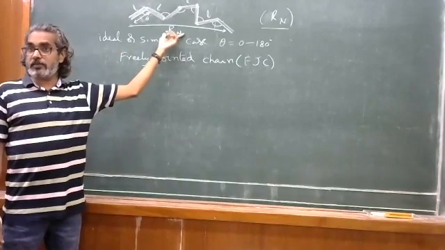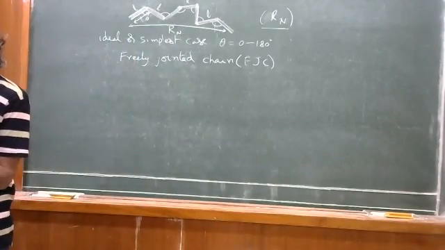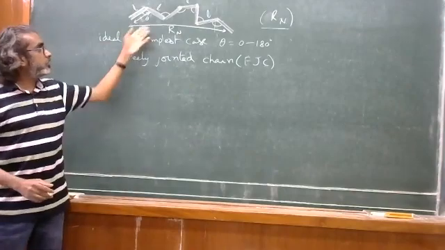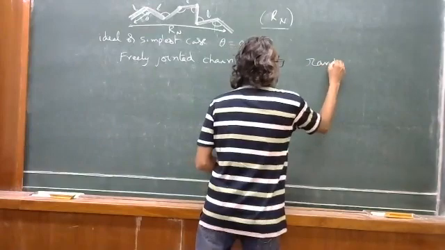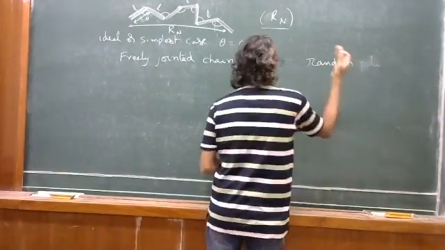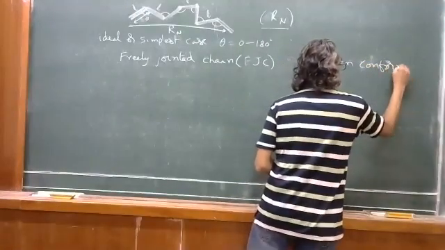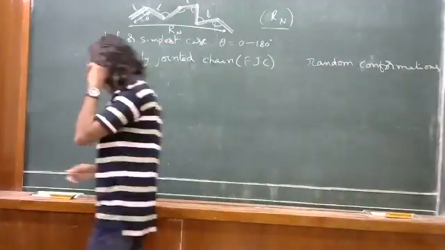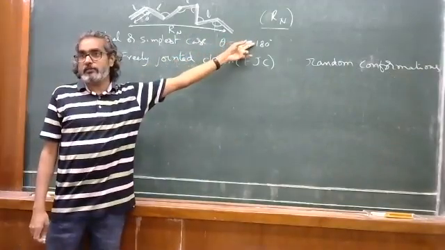Unlike in a crystal structure, where almost all the molecules will have a fixed Rn, in the case of these, called random polymers, or random conformations, each has its own. So then what is the largest value for Rn?